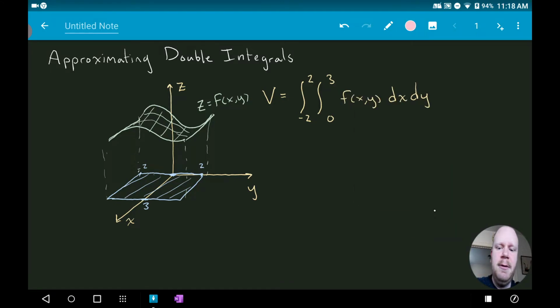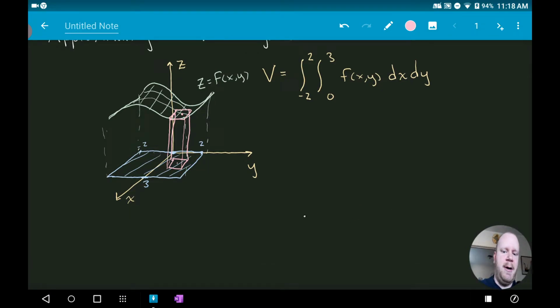And so what we can do if we want to approximate this volume here is break this up into little rectangular prisms. That might look something like this.